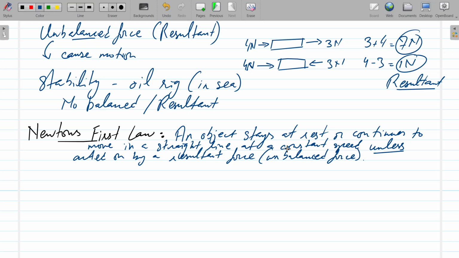Now, what I need you to focus on over here is they mention that it stays at rest, or continues to move in a straight line at a constant speed. Why will it keep moving in a straight line? Because you need a force to change direction.